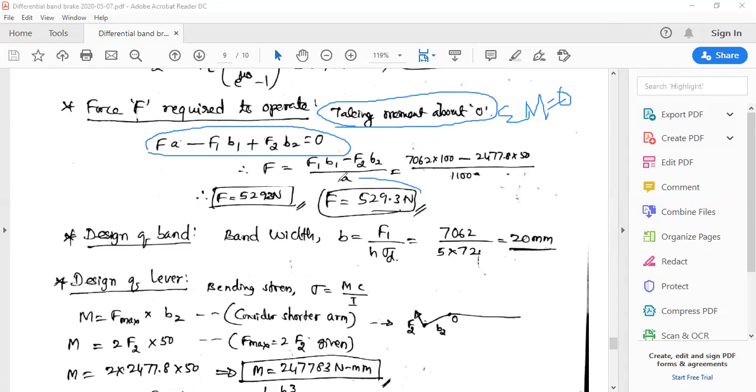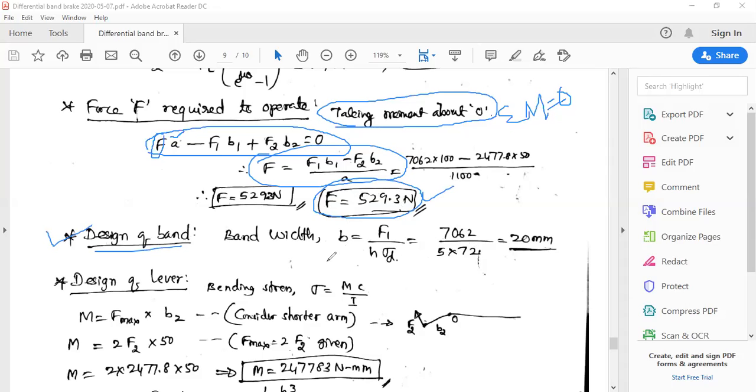Substitute and get the value of F. A is 1100 mm, F1 and B1 are known, F2 and B2 are known, so only F is unknown. Substituting all the values, F is 529.3 newtons. Now the design of the band, that is the fifth step.